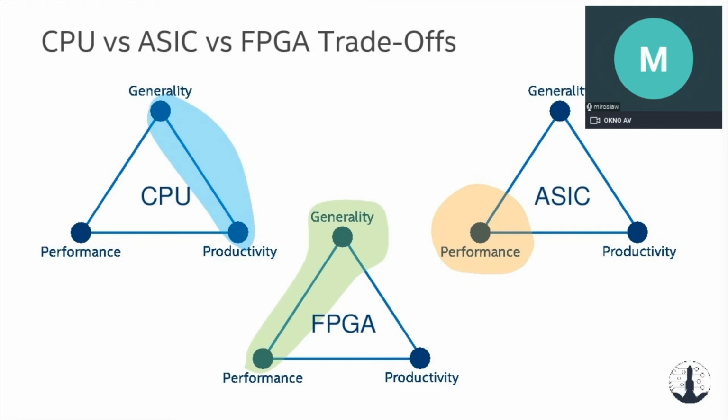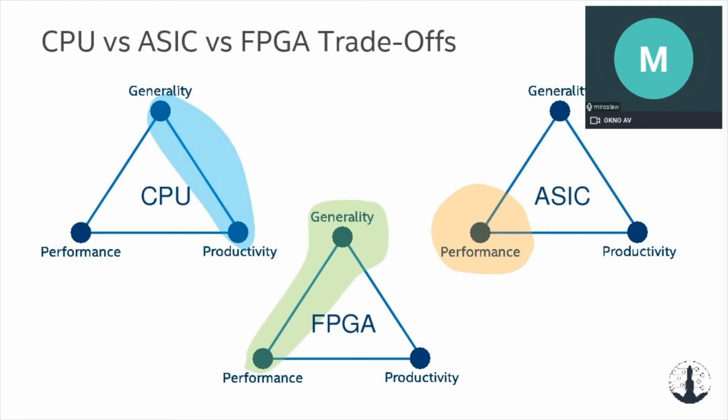In some of the presentations today, I saw people presenting the difference between the ASIC and the FPGA, and I don't want to repeat this. Mostly the CPU is considered a very general solution. We can do everything in software. It has very good productivity. It is very easy to write software and very easy to debug.